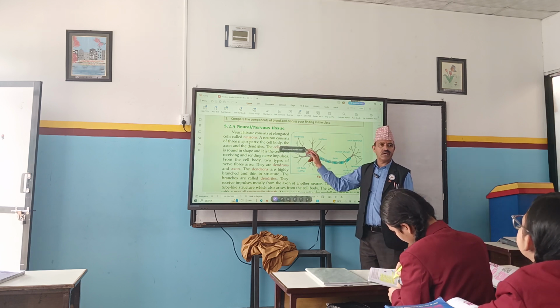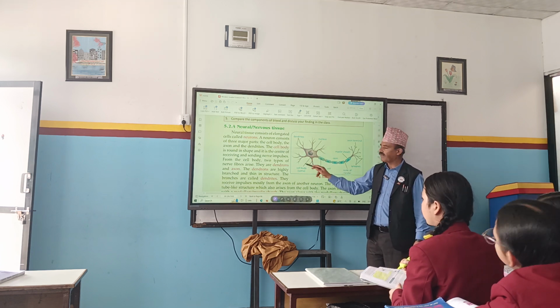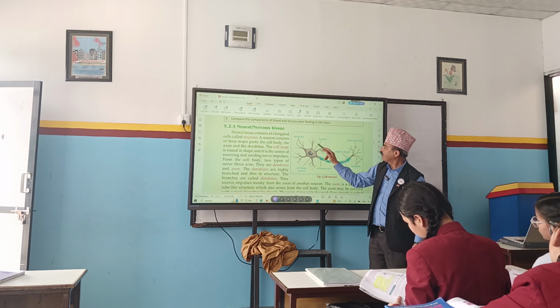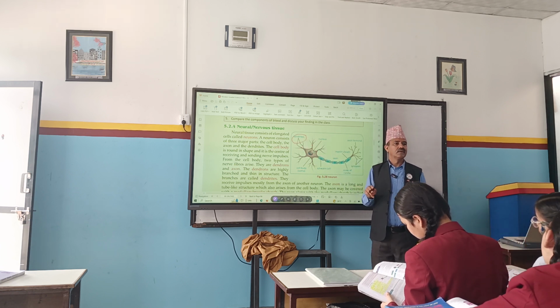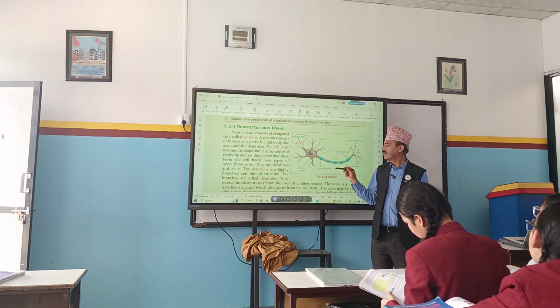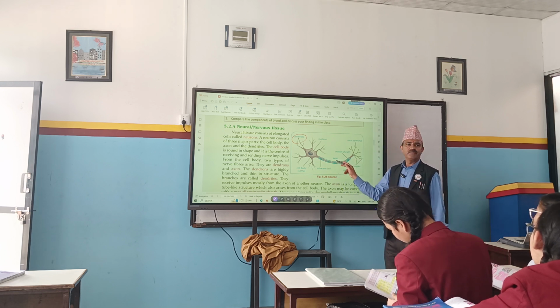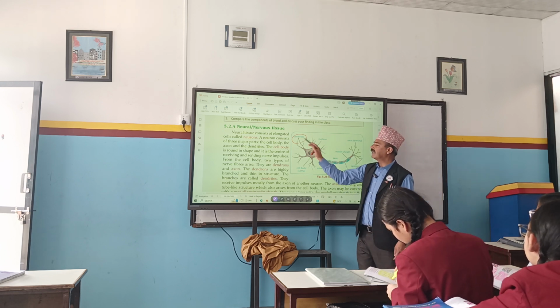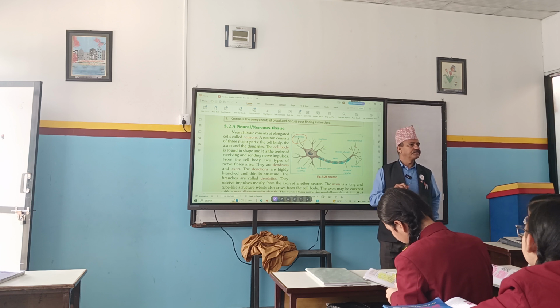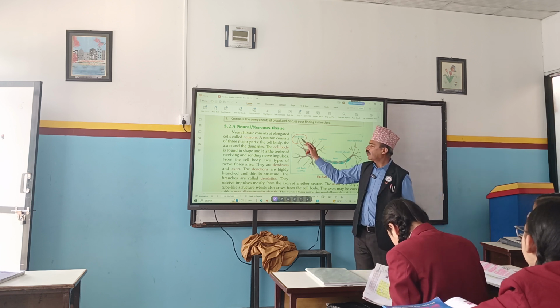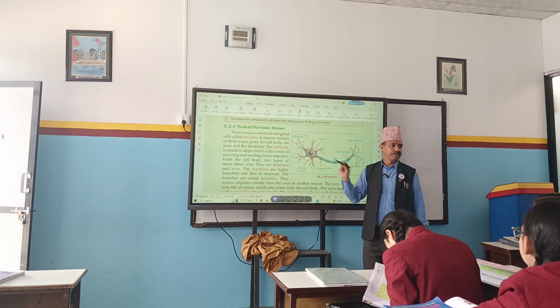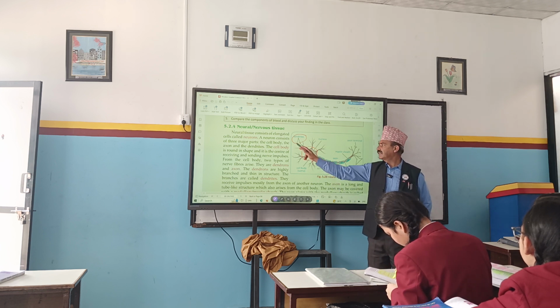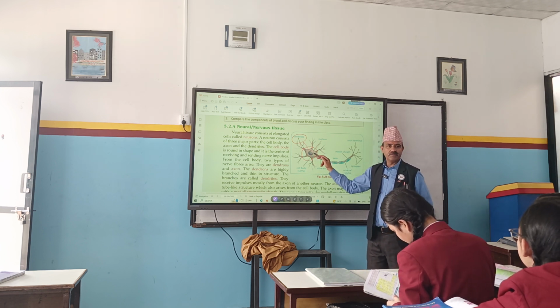Nerve cell contains two types of fiber. Here are small fibers. Can you see? These small fibers are called, what do you call them? The long fiber is called axon. What do the dendrites do? Dendrites collect the message and send to cell body.